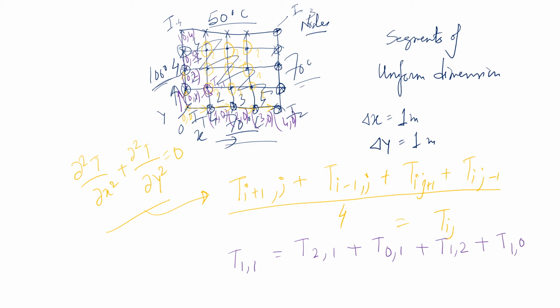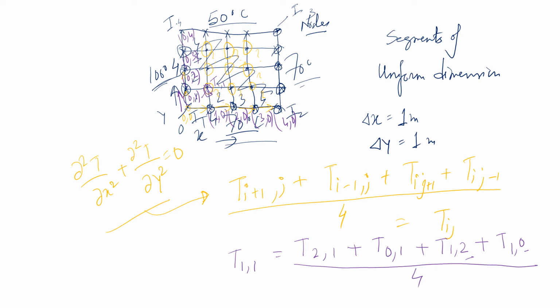Because we are trying to find out the temperature at 11. So this is T21, T01, because i plus 1 will be 2 if i is equal to 1, and this will be 0. And when j is equal to 1, then j will be 2 here, and on the next point it will be 0. And this will be divided by 4.